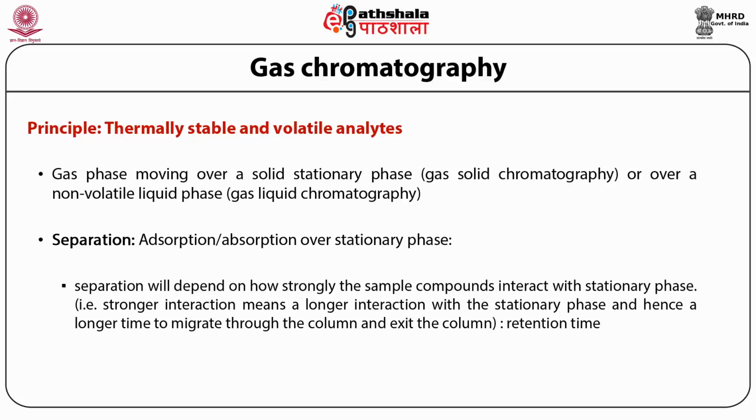Of course, to finally identify your compound of interest, you have to compare the retention time of the compounds in your unknown sample mix with that of a known mix called a mix of standards.